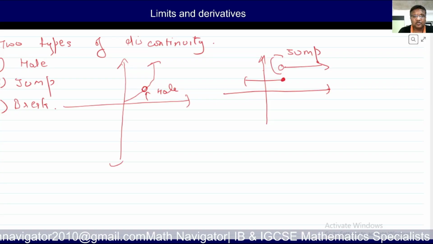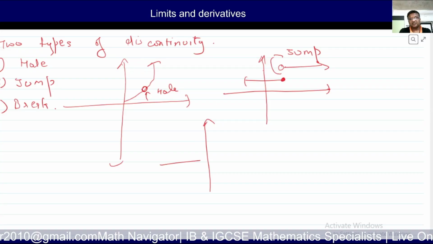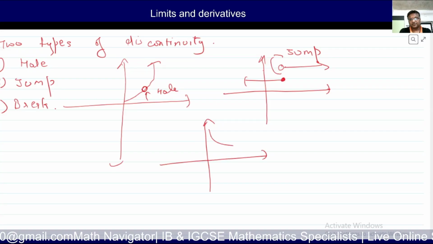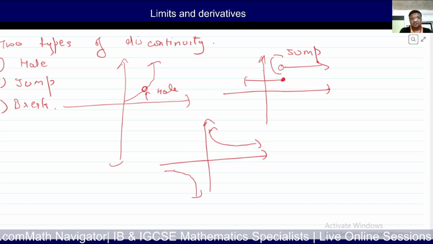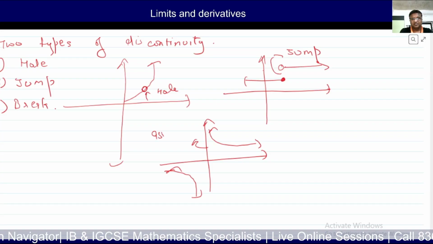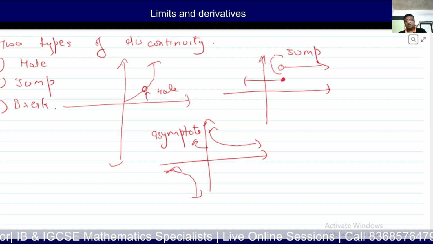I'll give an example, you'll understand. And what is a break? Let's take an example of a rational function. So here is a break. This is an asymptote. We have already done this in the rational function.